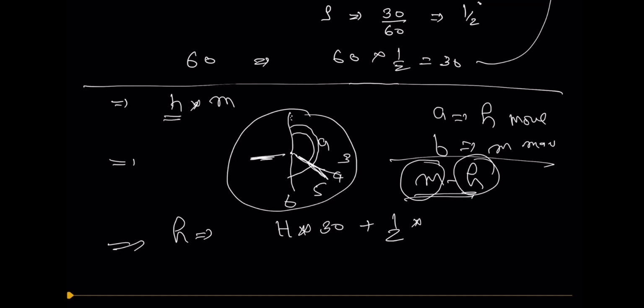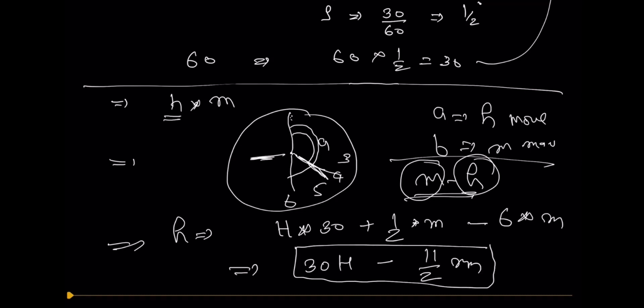So if from 12 the minute needle has already moved to 30, the hour needle has already moved 15 degrees, so 1 by 2 into 30. Because we want to create a generic formula, for m minutes it is simply m by 2, and minus how much the minute needle has moved, 6 degrees per minute, so 6 into m. If we simplify this, it is 30h minus 11 by 2 m.